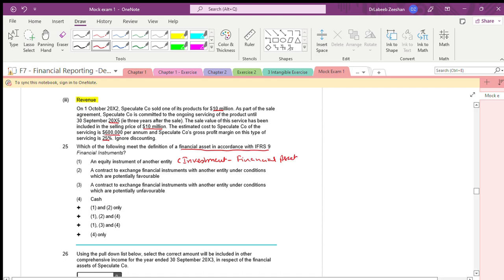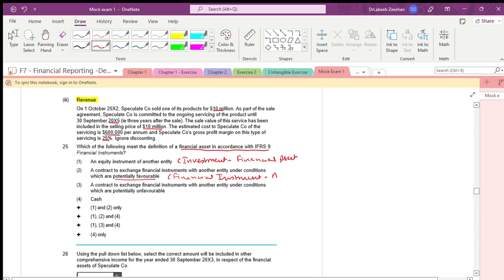It is a financial asset. A contract to exchange financial instruments with another entity under conditions of potentially favorable terms. It is also a financial instrument.